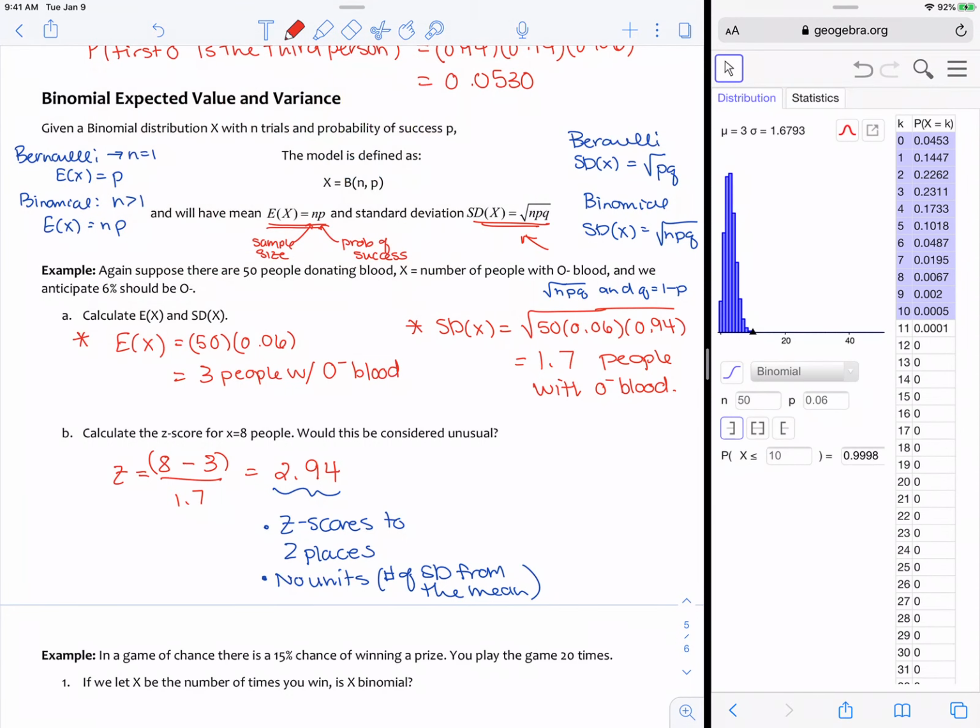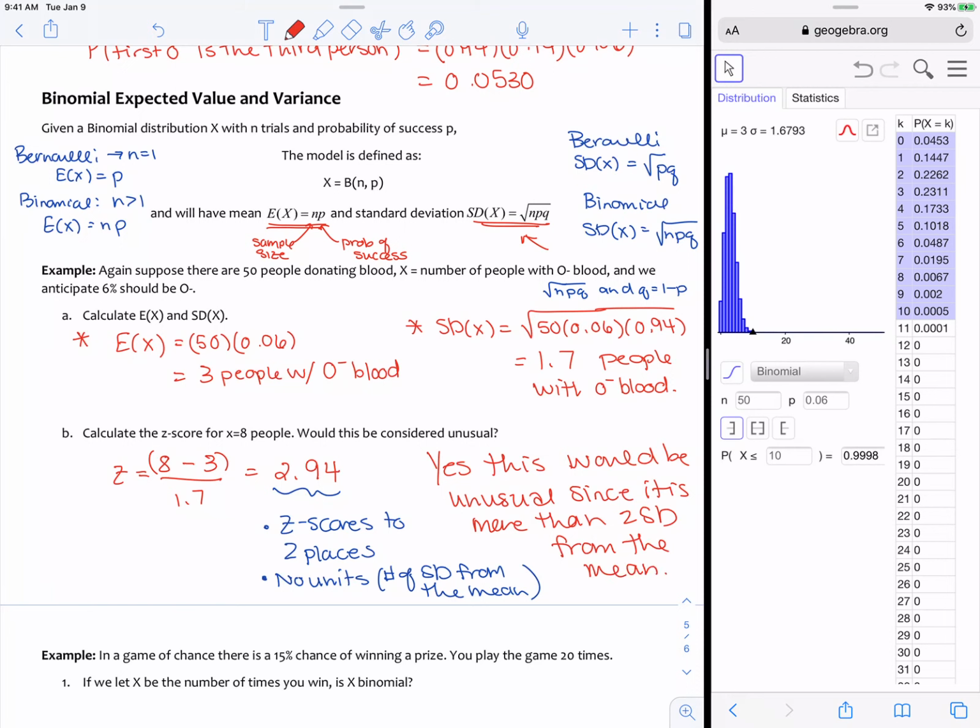Now, when we have a z-score that is greater than 2 standard deviations from the mean, so either greater than positive 2 or less than negative 2, that means we have an unusual outcome. So yes, this would be unusual since it is more than 2 standard deviations from the mean.